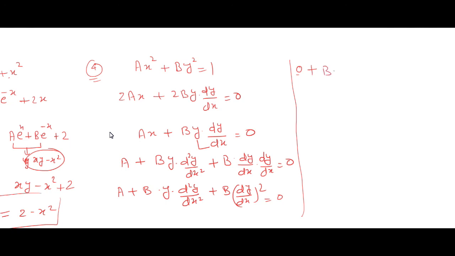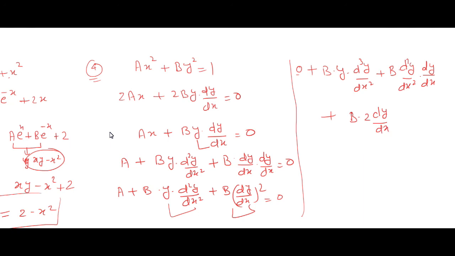Again there is a product of two functions, so you will get y into d3y by dx cube plus b into second function into differentiation of first function, plus when you differentiate this term you will get b into 2 dy by dx, and again if you differentiate this equation you will get d2y by dx square equals 0.